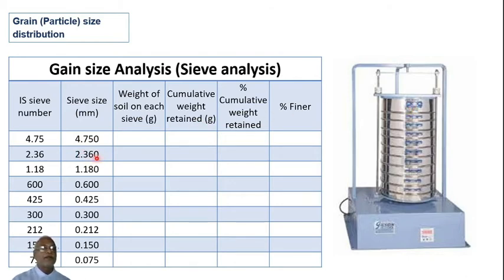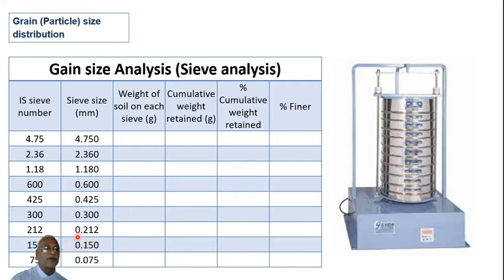Then you get 2.36, which is approximately half. Again half, it is 1.18 mm. If you take it as 1.2, again half, 0.6 mm. This is 3/4, approximately 425 microns or 0.425 mm, and then half is 0.3 mm. Again half, 0.15.